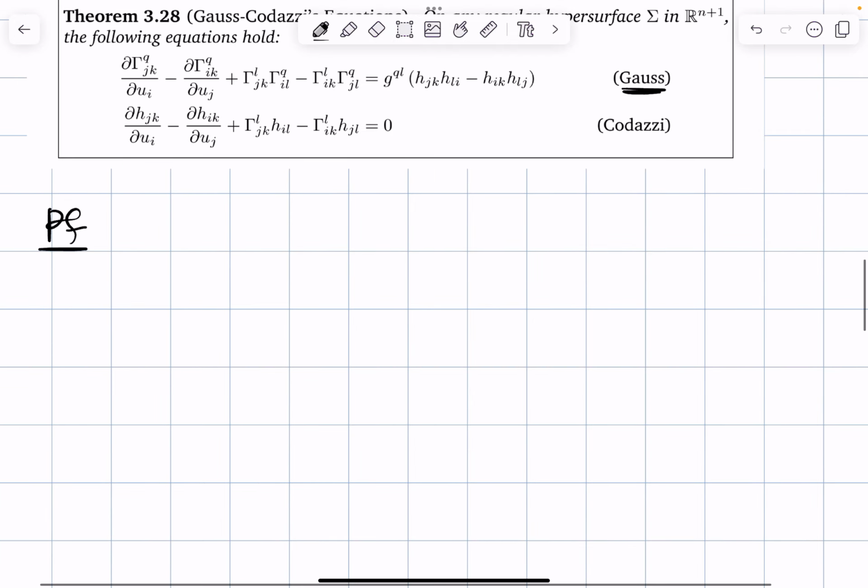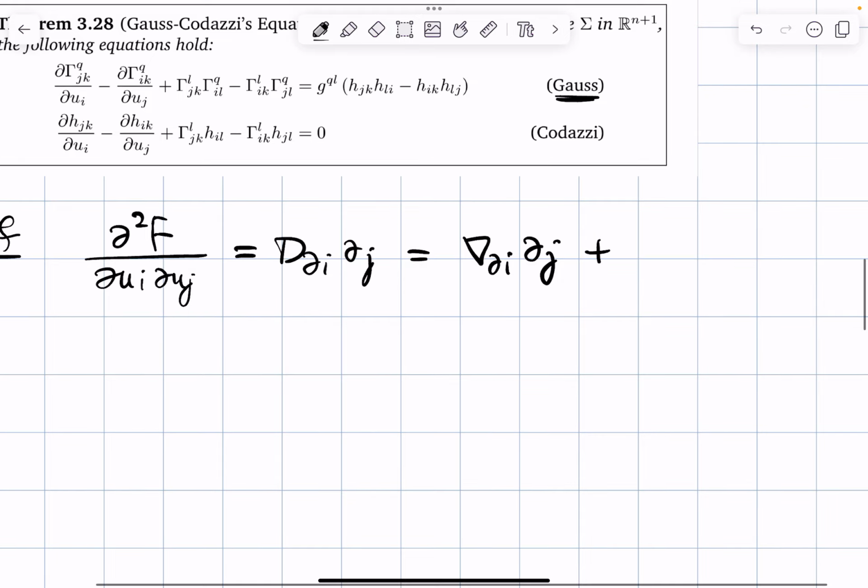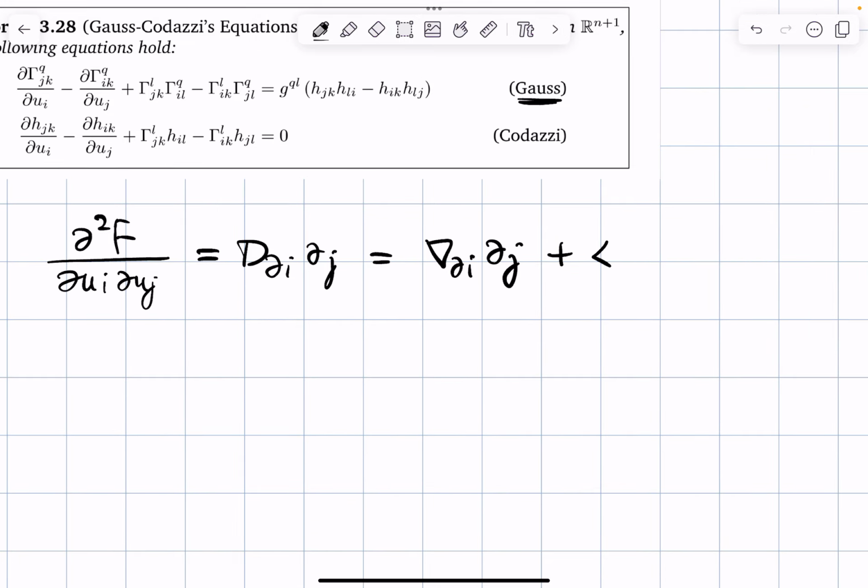Let's do it first. So we need to evaluate this term first. This is actually by definition equal to the partial derivative ∂i∂j of f, and it has a tangent part and a normal part, right? The tangent part by definition is the nabla part, and the other part is along the Gauss map. So it's actually equal to this.